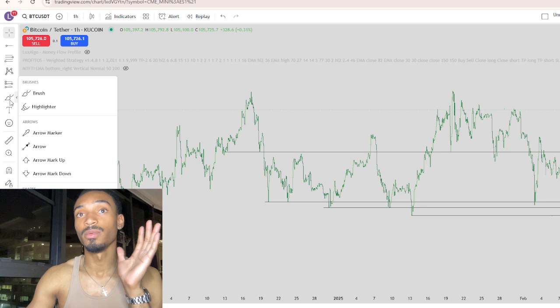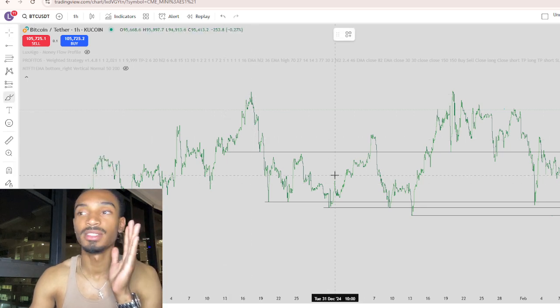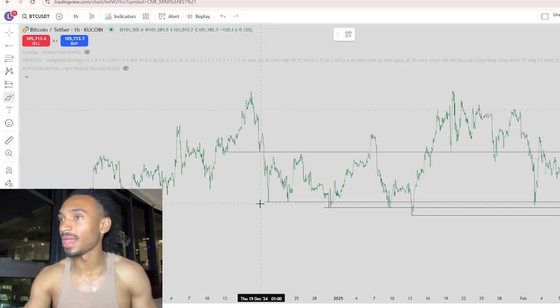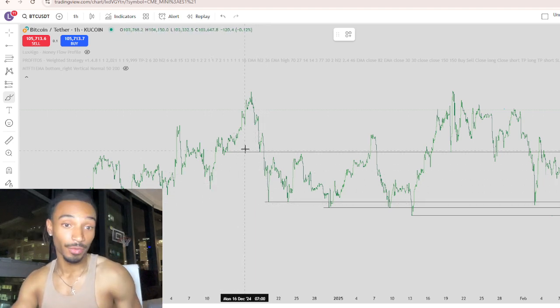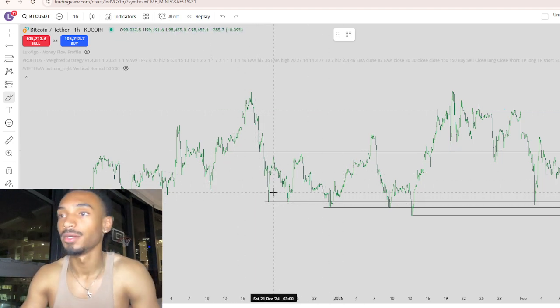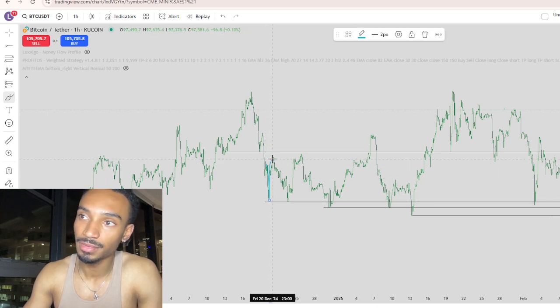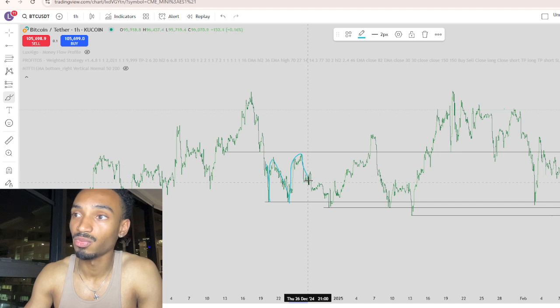Now, this specific example encompasses the strategy better than any other moment in time, any other moment in history. That's not really true, but we're gonna go through it right here. So what we have is a move down, our first rejection, we get a bounce. We get our second move down, a sweep of liquidity, the second rejection and a bounce, and then this last final move down here, guys.